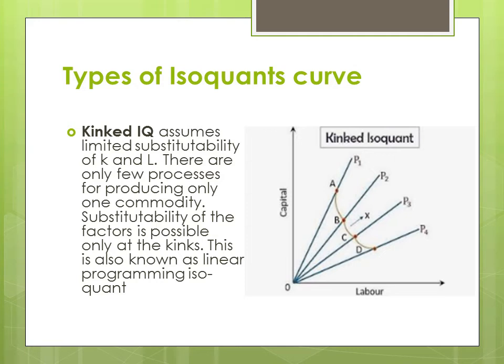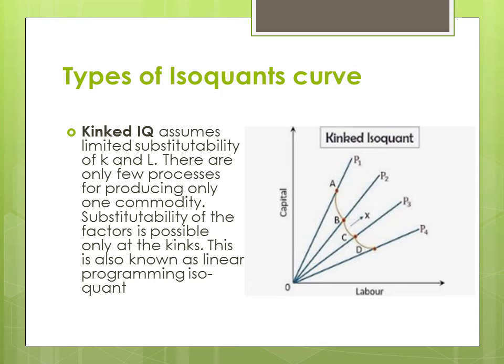This is also known as the linear programming isoquant. You can see that on the x-axis are labor units and on the y-axis is capital. Firms use only limited processes of producing any commodity, so substitutability of factors is possible only at these points, which shows the limited substitutability.